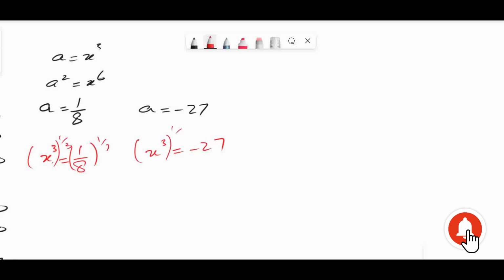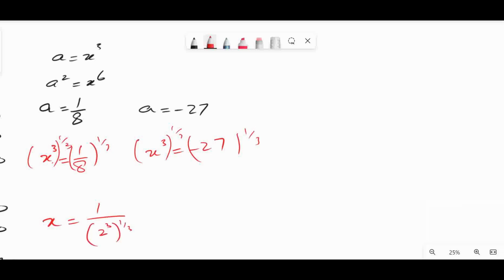So x will be equal to 2 cube whole power 1 by 3 in the denominator, and x will be equal to minus 3 cube whole power 1 by 3, because we can write 27 as minus 3 cube. So now x will be equal to minus 3.